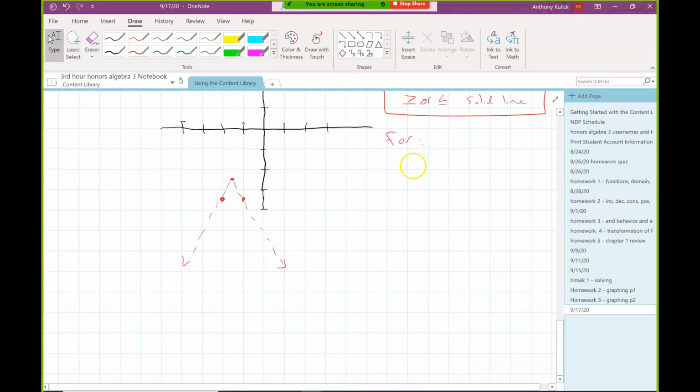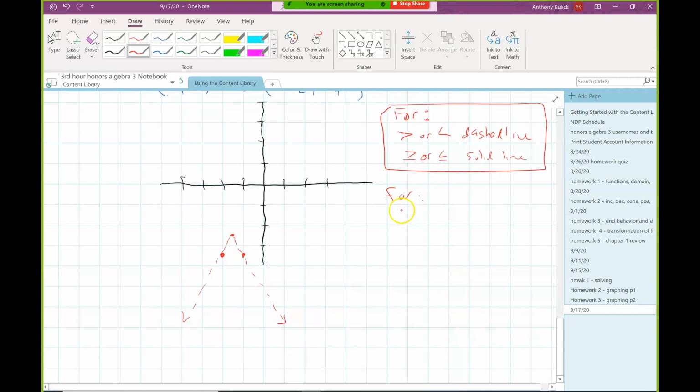So we can consolidate that. For y less than whatever, or y less than or equal to whatever, we shade below. And for y greater than whatever, or y greater than or equal to whatever, we're going to shade above.